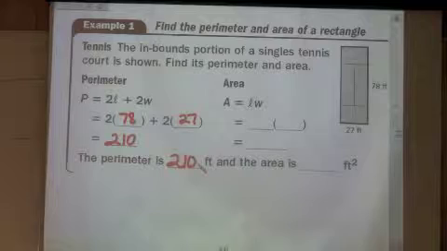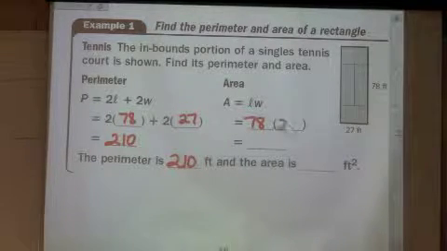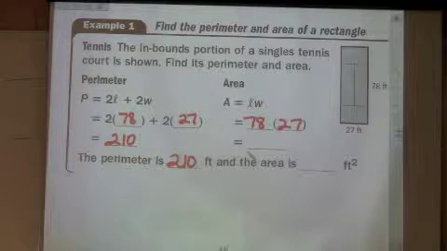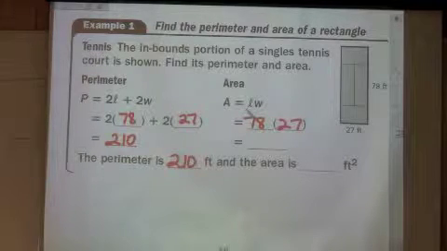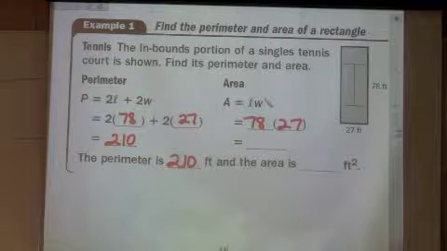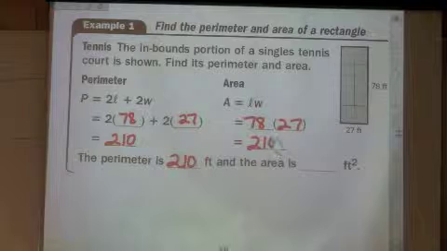All right, how about area? Length times width, we'll take 78 times 27. Somebody help me out with that one. What'd you get, Roberts? 2,106.